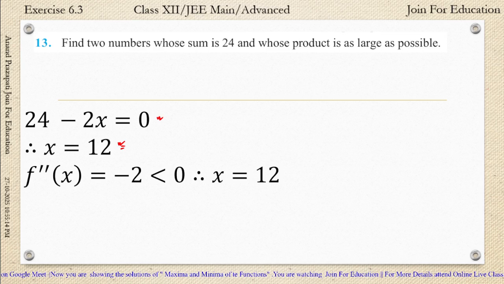So the second derivative here will be minus 2, which is less than 0. For all values of x, the second derivative is negative.